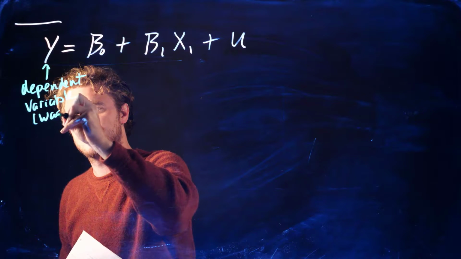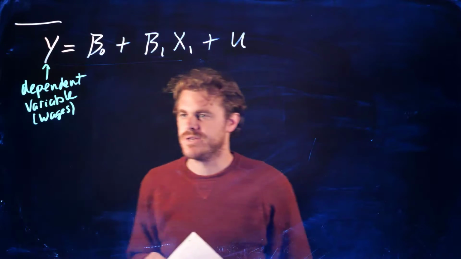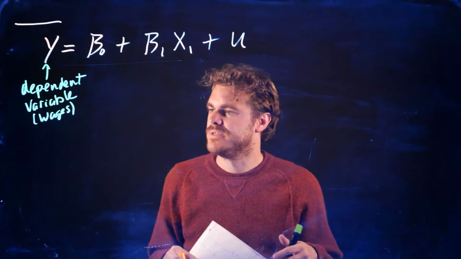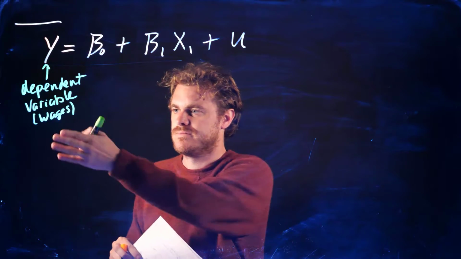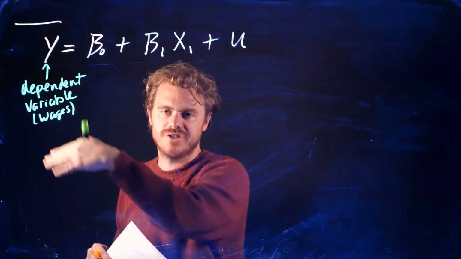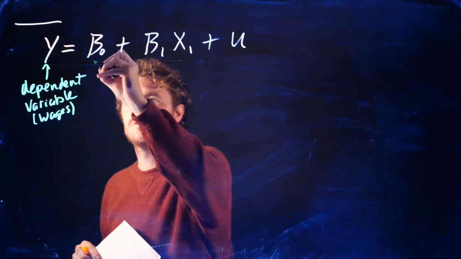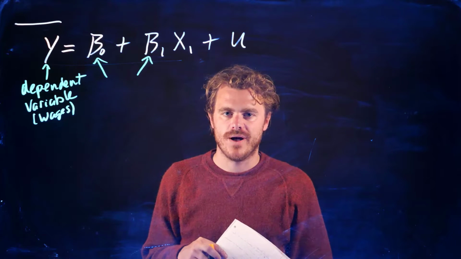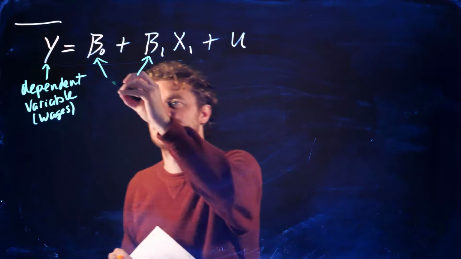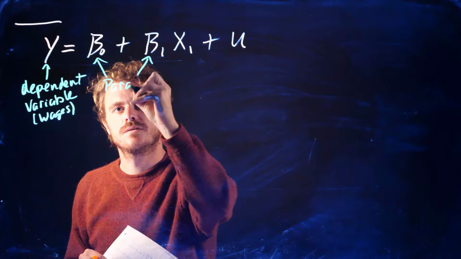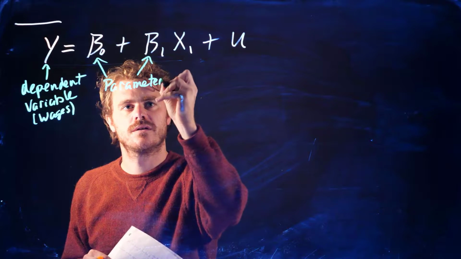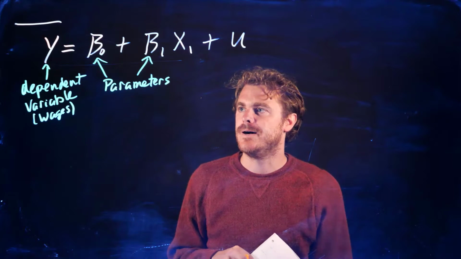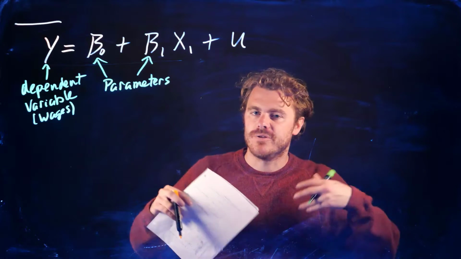For instance, one of the examples we've been talking about is this returns to education, so we're interested in explaining wages. The next two things we're going to talk about are beta 0 and beta 1. These are parameters, and these are the true parameters because they have no hats on.